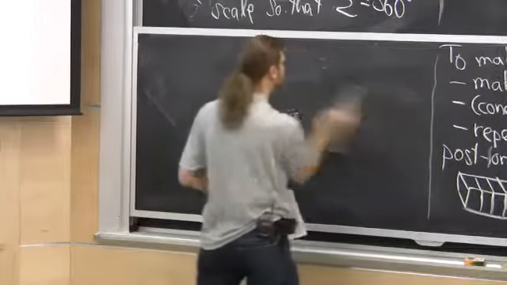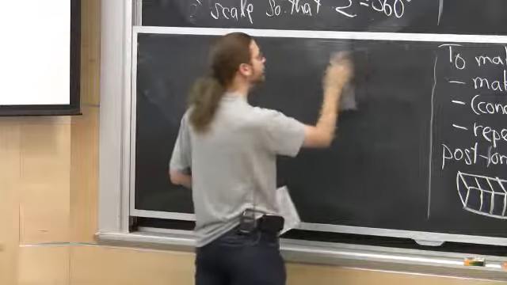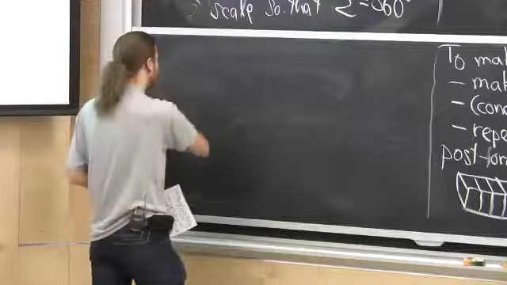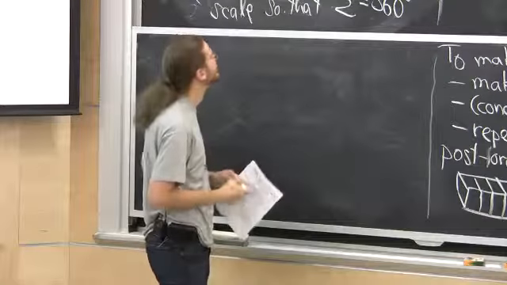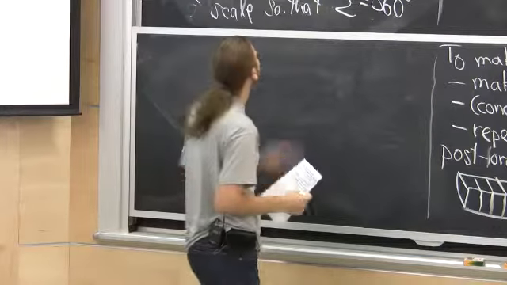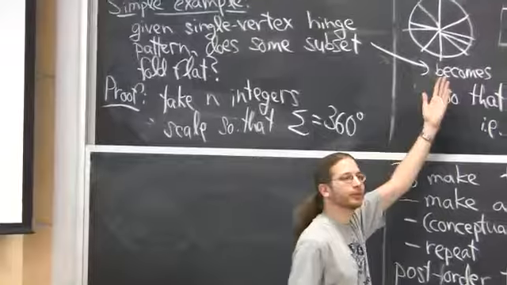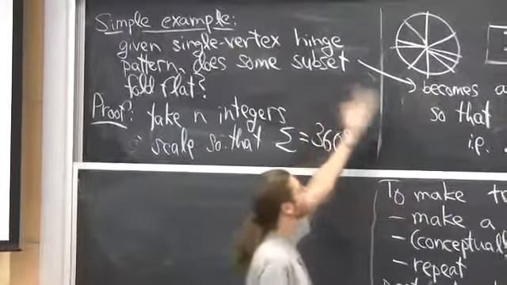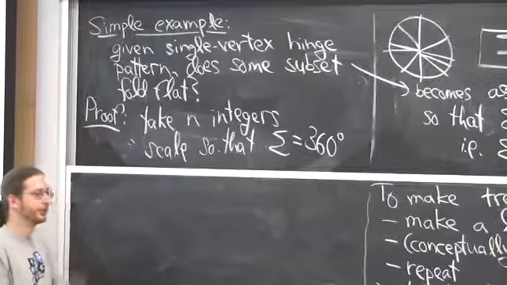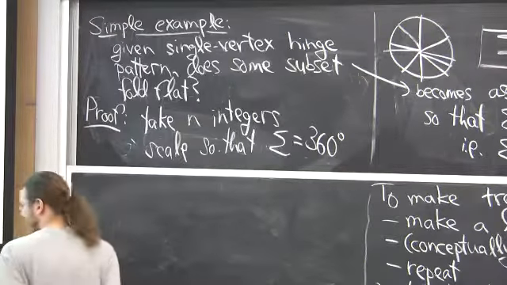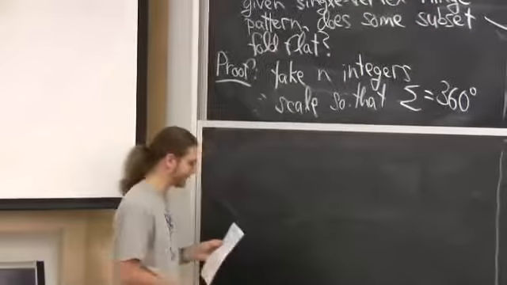The NP hardness proofs are quite a bit more complicated, but they all follow the same spirit, and they're a lot of fun because they involve gadgets. Here there weren't really any gadgets. We represented an integer by an angle. It's pretty direct, but in some sense that's the gadget, and we just used n of them. All of the other proofs are going to use tons of gadgets, and they're kind of fun. I love NP hardness proofs. They're one of my favorite things.